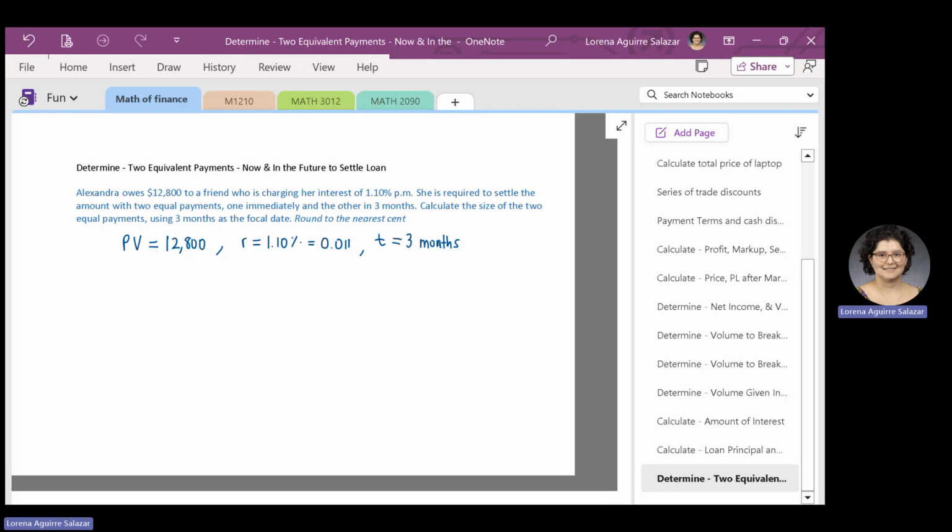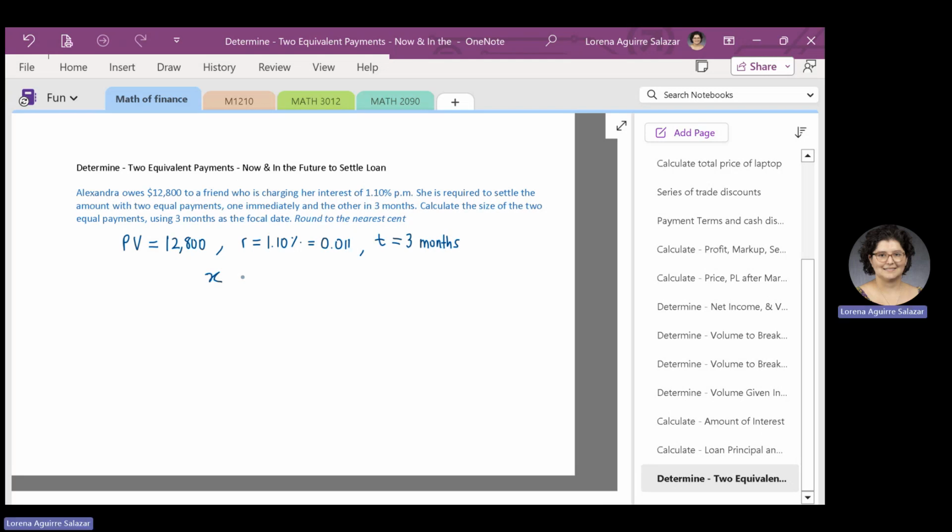Now, let's denote the payment that Alexandra makes once and then after the 3 months by X. Alexandra makes a payment of X dollars immediately, and then she makes a payment of X dollars after 3 months.